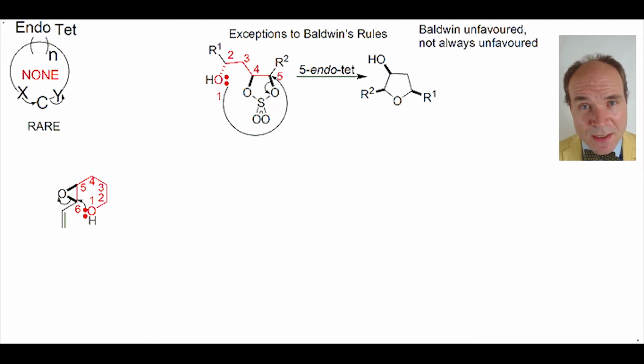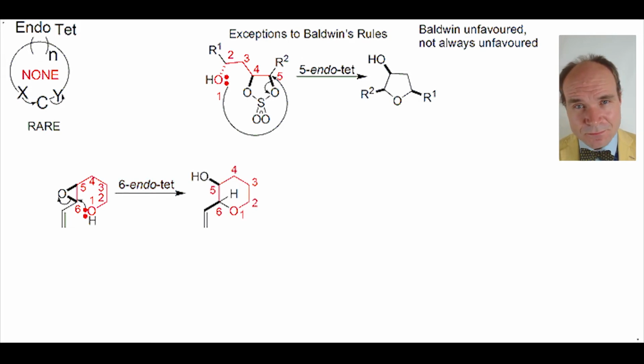So the bond we're breaking is an internal bond. Carbon 6 is a tetrahedral carbon. When we bring all that information together, we will see that what we have here is 6-endo tet. And again, the reaction does occur.